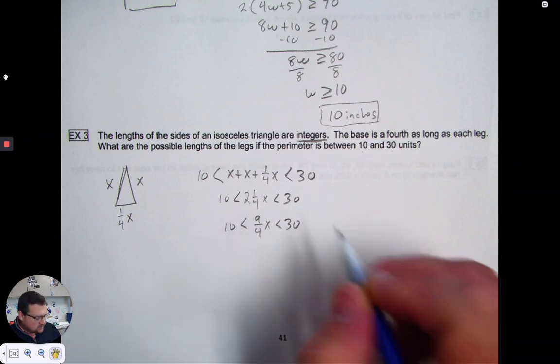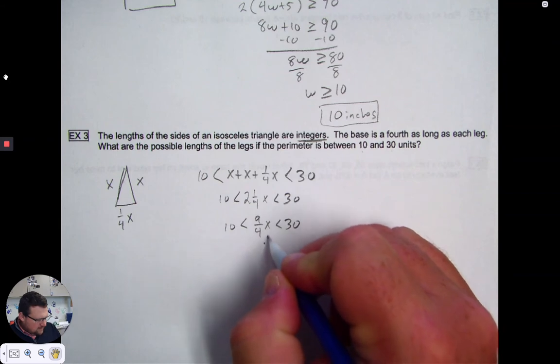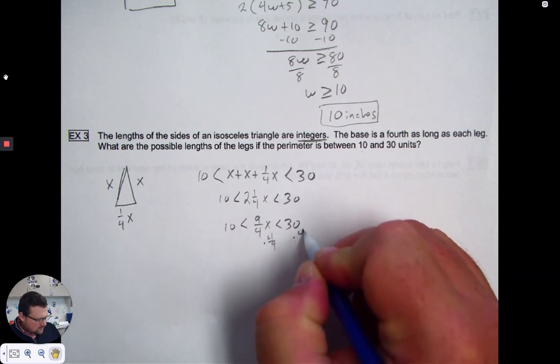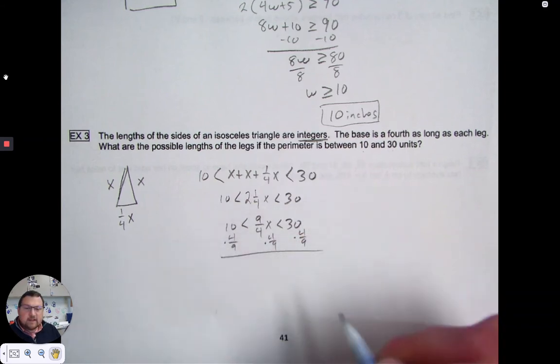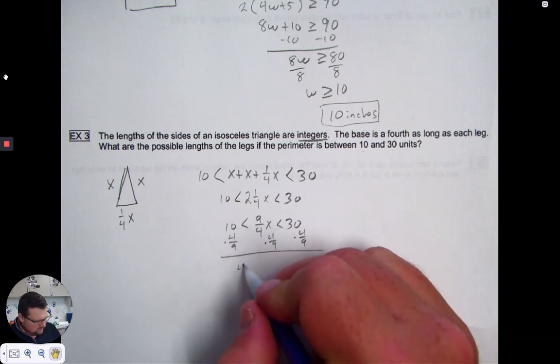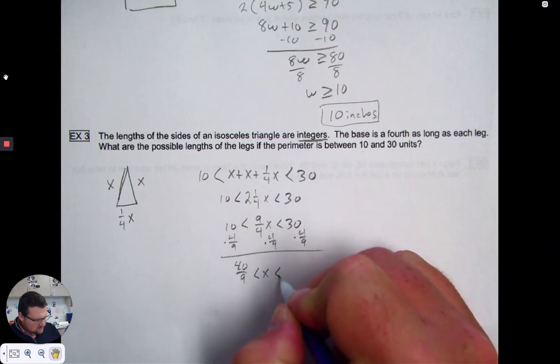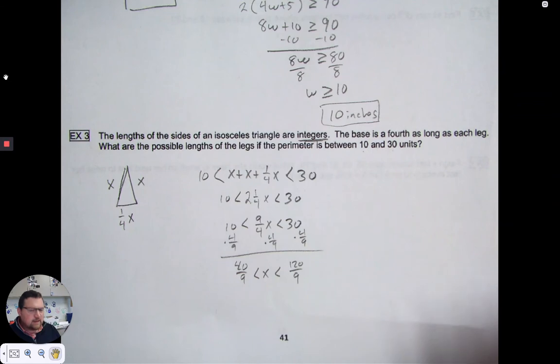Now I need to multiply each part of this by 4/9. Whatever you do to one part, you have to do to all three parts. When you do that, you get 40/9 is less than x, which is less than 120/9.